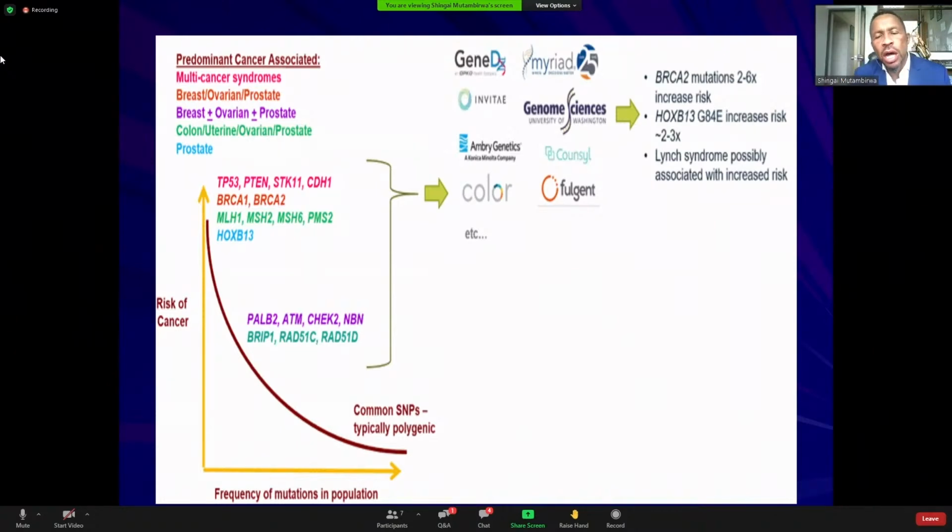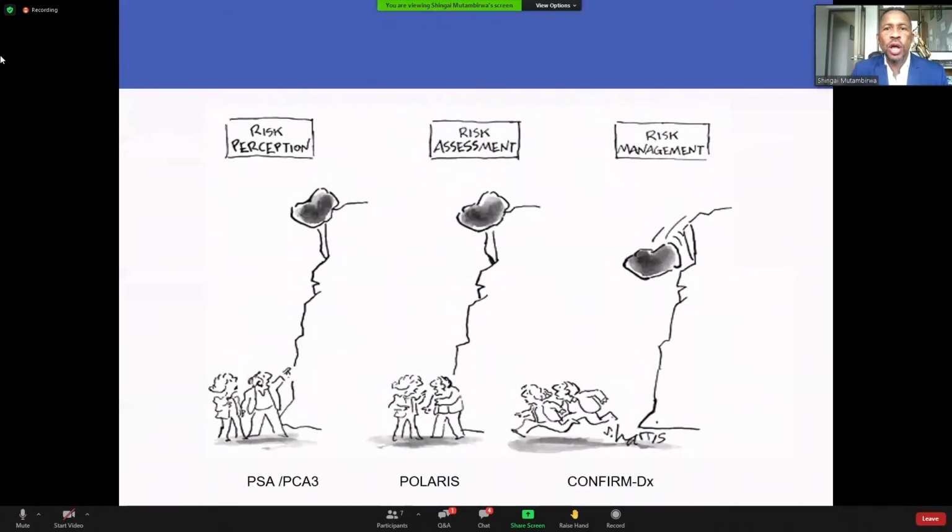In fact, the NCCN guidelines have now said that essentially the majority of patients with metastatic and castrate-resistant prostate cancer, patients with high-risk prostate cancer, patients with family history, which is essentially everybody that we're seeing, need to have a genetic profile, not only for their treatment, but also for cascade testing for their relatives to make sure that they get more screening for different cancers as well.